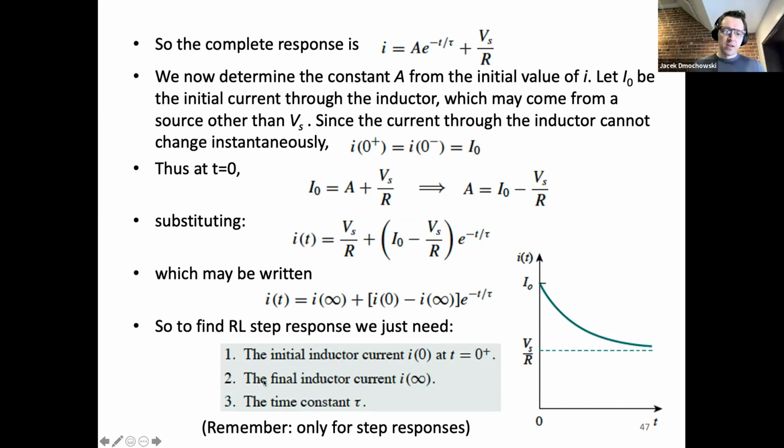Step 2 is to solve the circuit at time equals infinity. At time equals infinity, the inductor is just replaced by a short circuit. And step 3 is to find the time constant. That is obtained again by looking from the inductor's point of view and measuring how much resistance it sees.